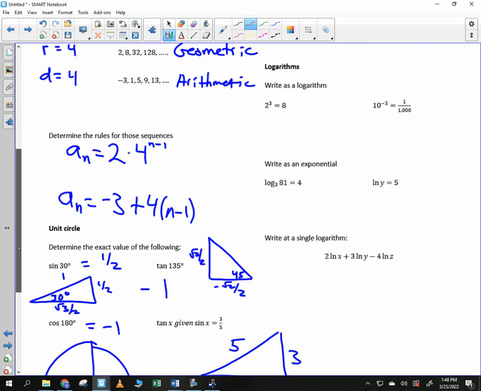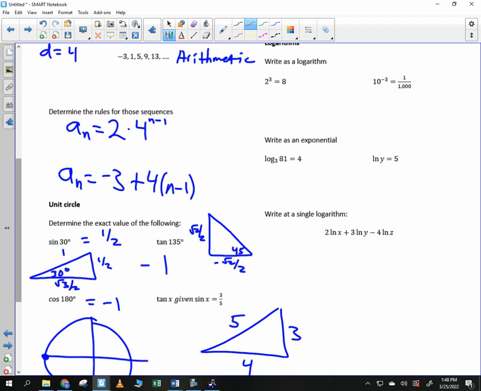We won't do the next one. Logarithm. Do you remember how to write 2 to the third equals 8 as a logarithm? Log base 2 of 8 is 3. The next one is log base 10, you don't have to write the 10, of 1 over 1,000 is equal to -3.